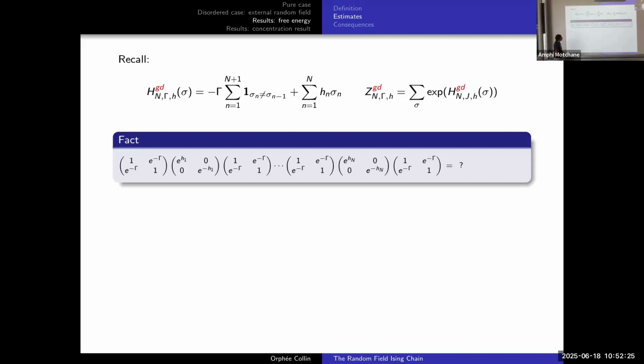For example, let's consider the coefficient (1,1) of the matrix we should obtain. This coefficient is the sum of all the possible paths you can take throughout these matrices. And you have to respect, of course, the rule of the matrix product.